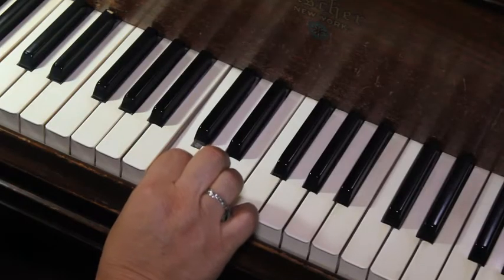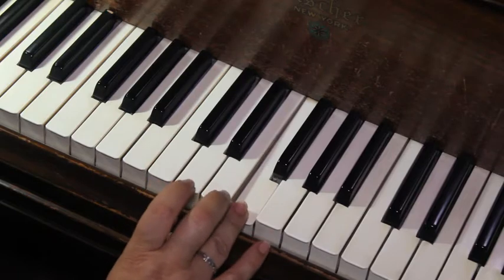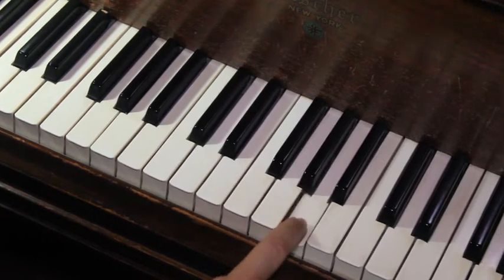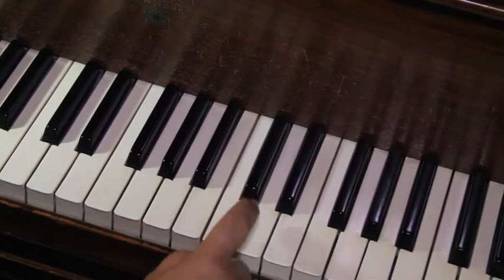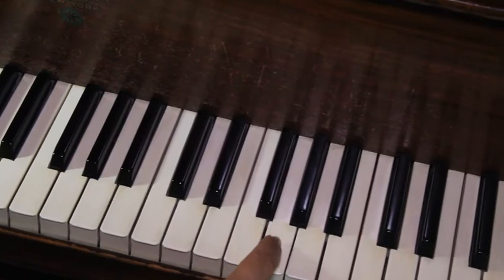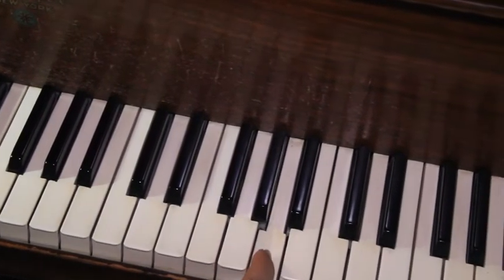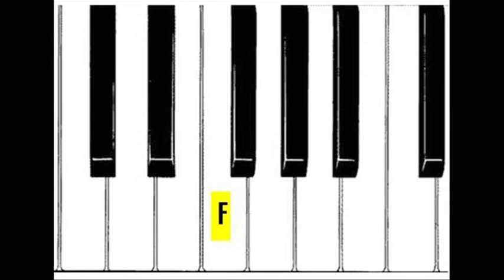C, D, E, F, G, A, B, C, D, E, F, G, A, and so on. One more hint. The note F is to the left of the 3 black notes. Use this as a guide also.